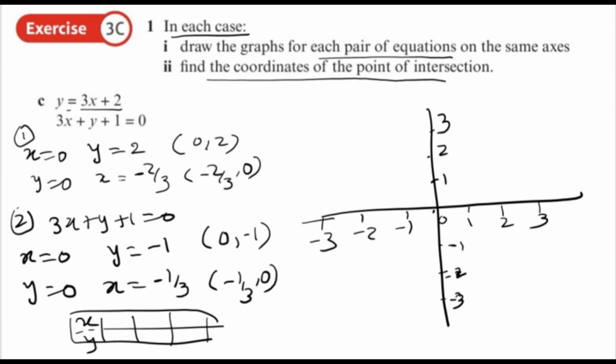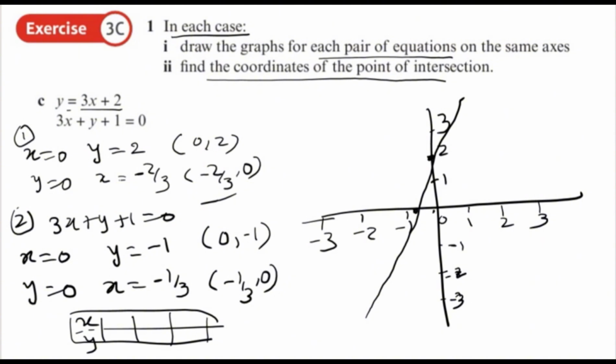Okay. Let's put this coordinate first: (0, 2). X coordinate 0, y coordinate is 2. Second is minus 2 over 3, which is 0.66 we can say. So it's kind of here, and y coordinate is 0. So our line passes like this.